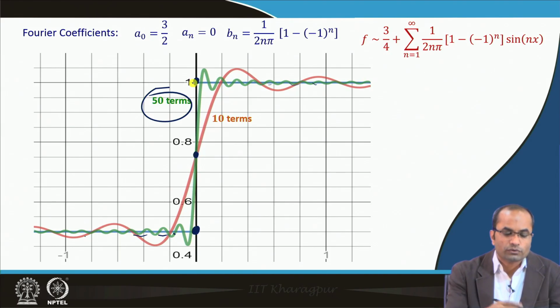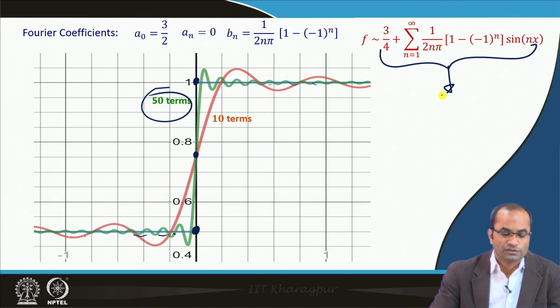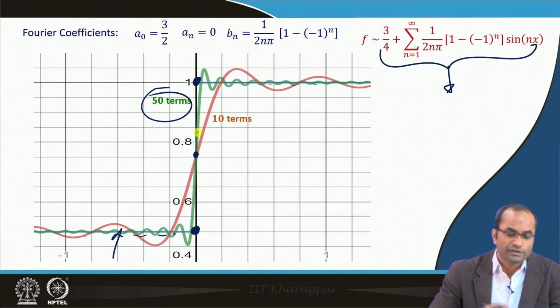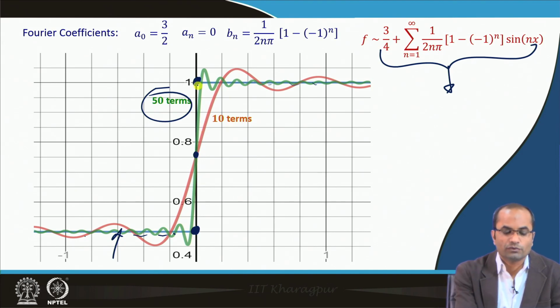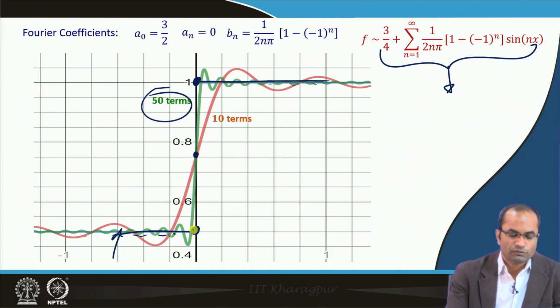This is not converging exactly to the given function f x, mainly at this point 0, because if we take more terms, from 0 onward it will match, and from less than 0 it will also match the given function. But at the point 0 it is always crossing in the middle.